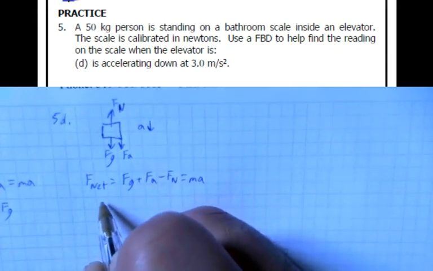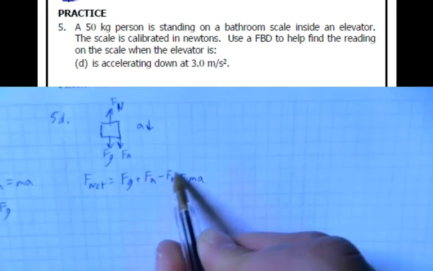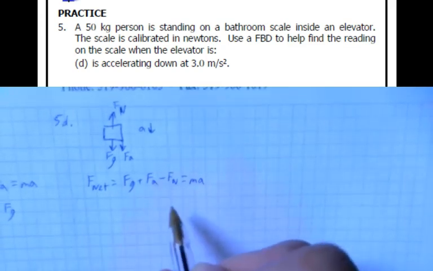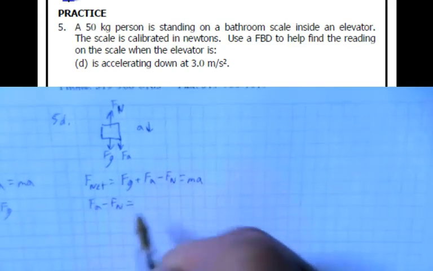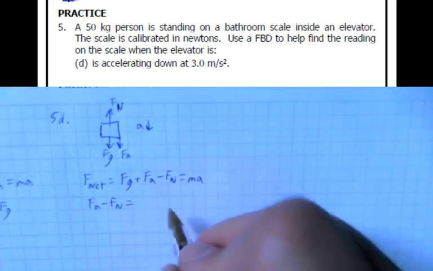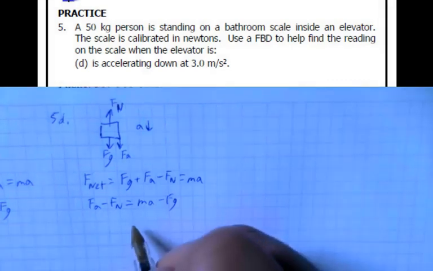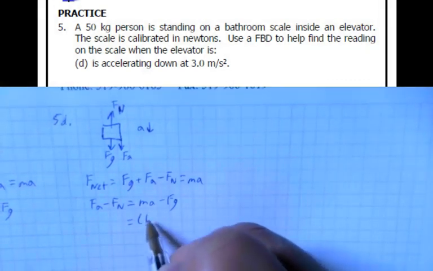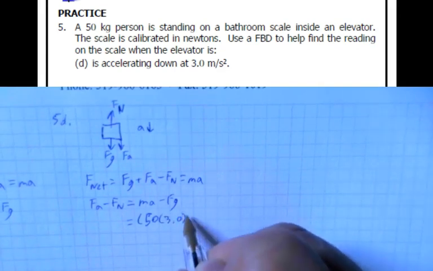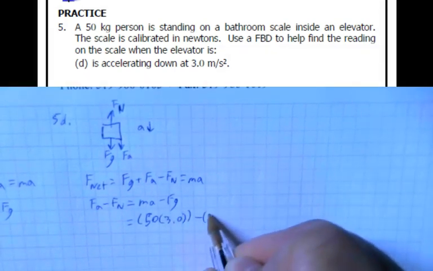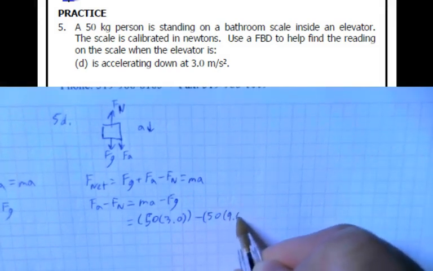So we need to find out what's the difference between this Fa and Fn. That's what our scale would say. So Fa minus Fn, that means we have to move this Fg to the other side, so it's ma minus Fg. And that works out to 50 times 3.0 minus 50 times 9.8.